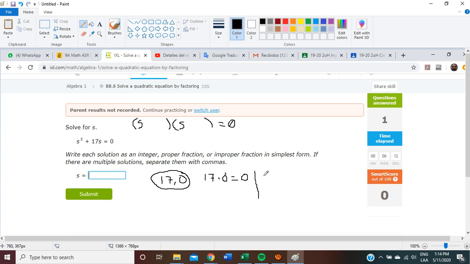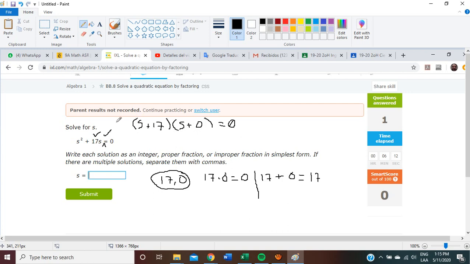And the second one, 17 plus 0 gives 17, so the other one is also fulfilled. So it is plus 17 and plus 0.